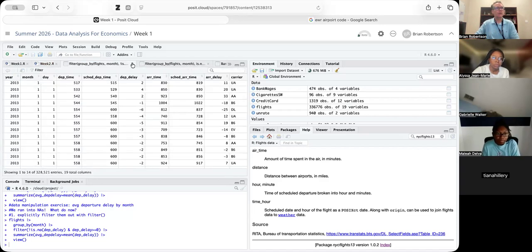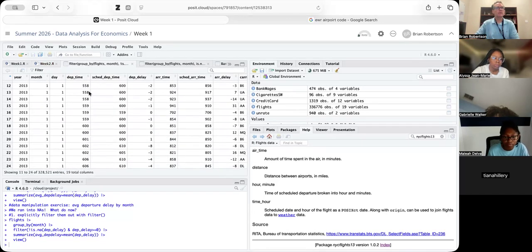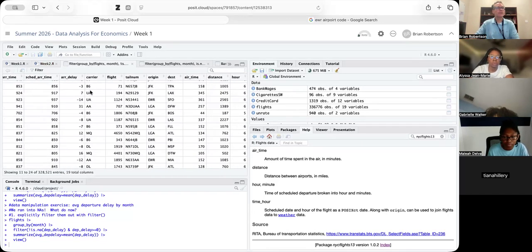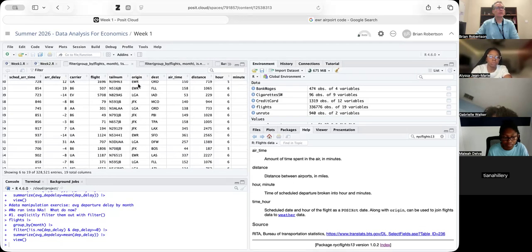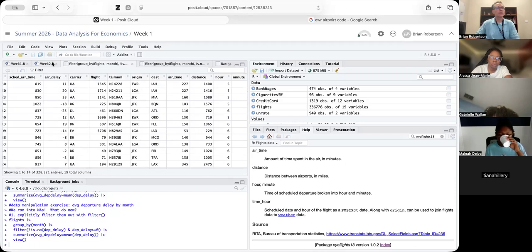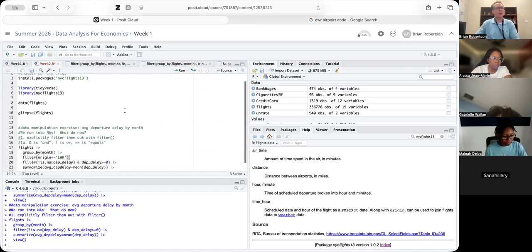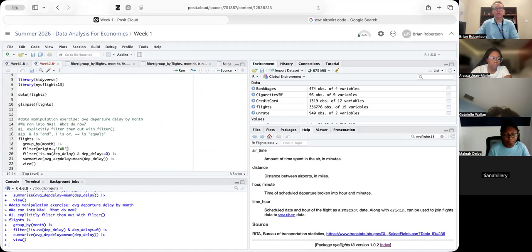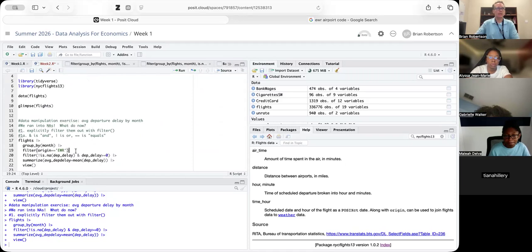Let's do by the origin. So let's do EWR. Origin equals EWR. So here I'm filtering for only where the departure airport is equal to EWR.